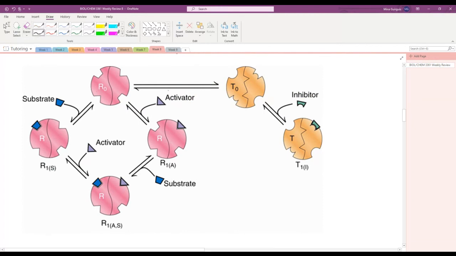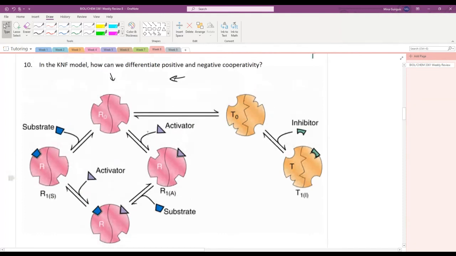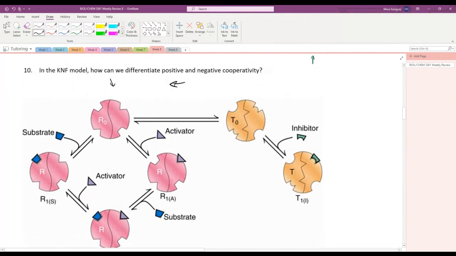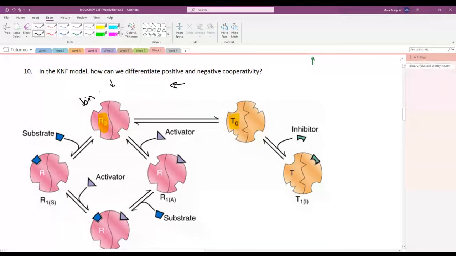So effectively, the things that we look at with the MWC are this R0 and T0. Everything else afterwards is affecting that, but really the core of it is R0 and T0. R0 can bind to substrate.